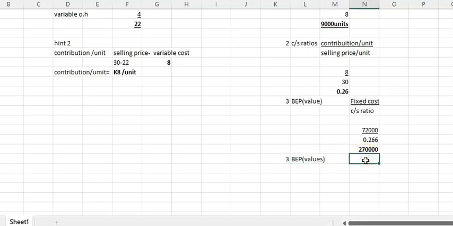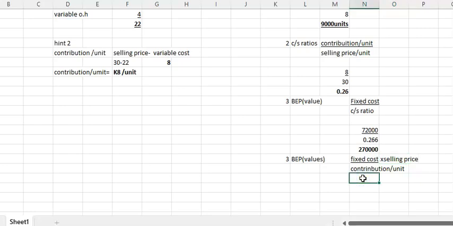We can actually say that fixed costs divided by contribution per unit, multiplied by selling price, we'll get the same answer.